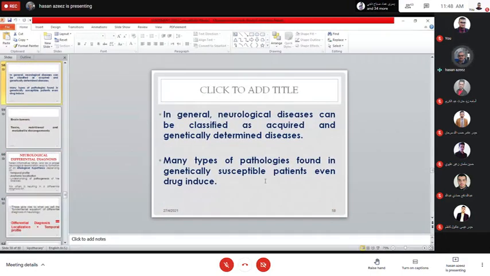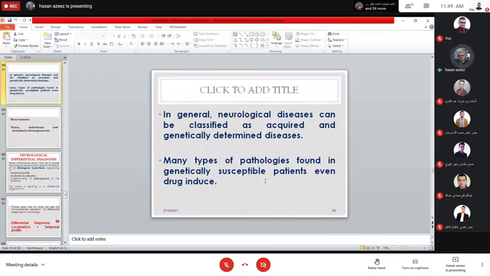In general, neurological diseases can be classified as acquired and genetically determined. I want to be clear: hereditary is different from genetically determined disease. Not every hereditary problem is genetically determined, and not every genetically determined disease should be hereditary.